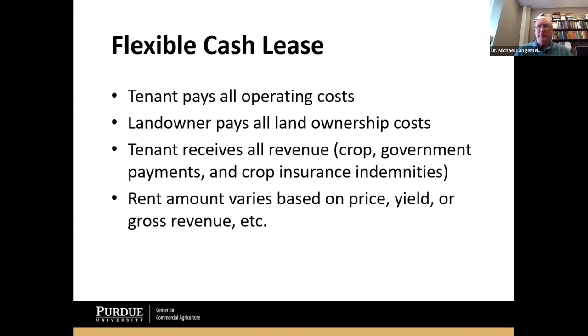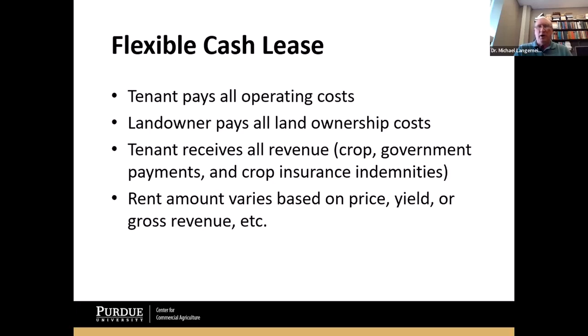And so let's look at the differences here, and then we'll make some comparisons between the three different types of leases. I should say, first of all, that there are a lot of different flexible cash leases. When I was talking about this topic maybe 15 years ago, I was at Kansas State. I moved to Purdue about 11 years ago. When we were talking about flex leases at Kansas State, and I'm sure it was true here at Purdue, we were talking about leases that flex on yield and price.